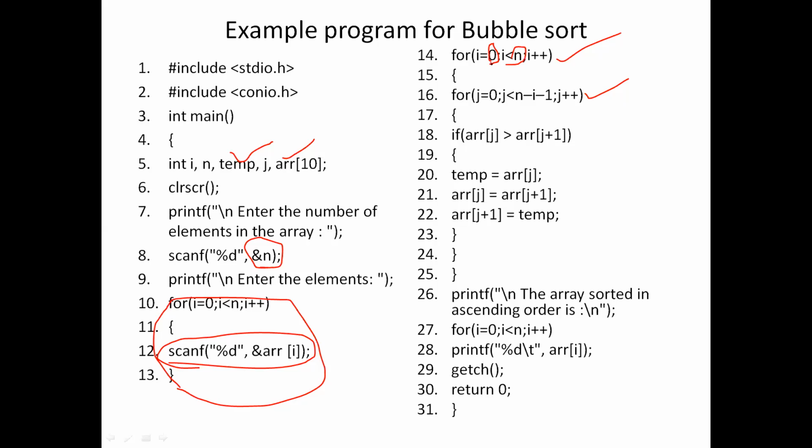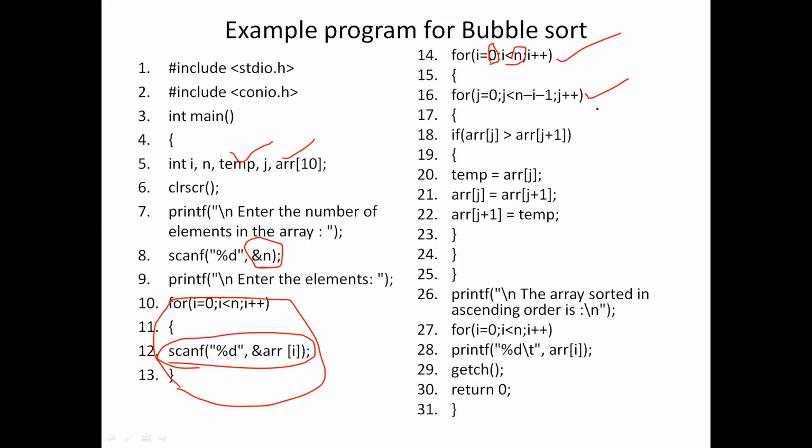Here we consider the first pass as the 0th pass. That's why we simply put n. So these are the number of passes.